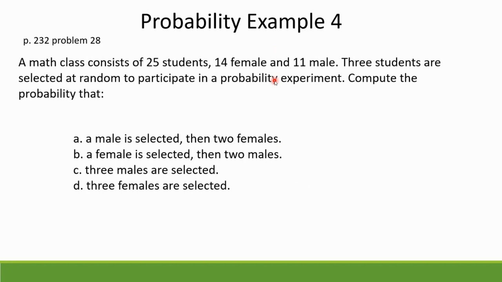Let's suppose 3 students are selected at random to participate in a probability experiment. In other words, the teacher is choosing 3 students at random. We're going to compute the probability for each of these parts.